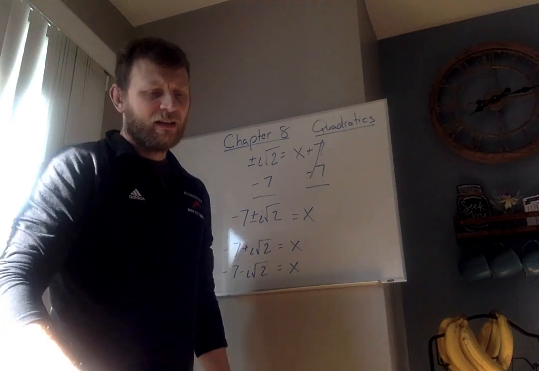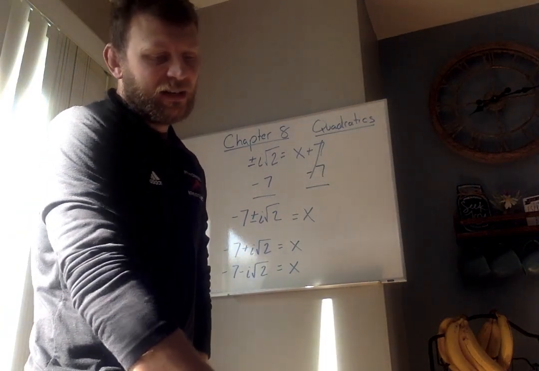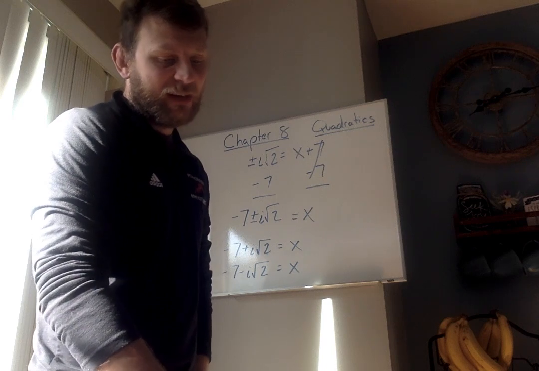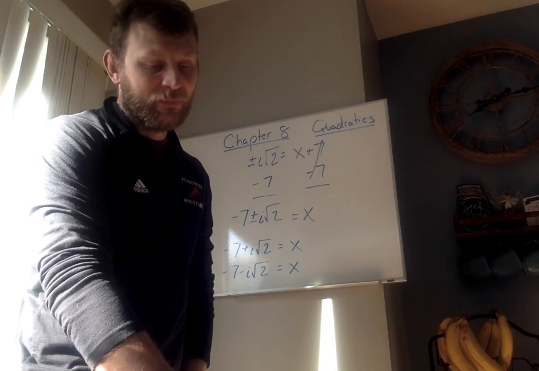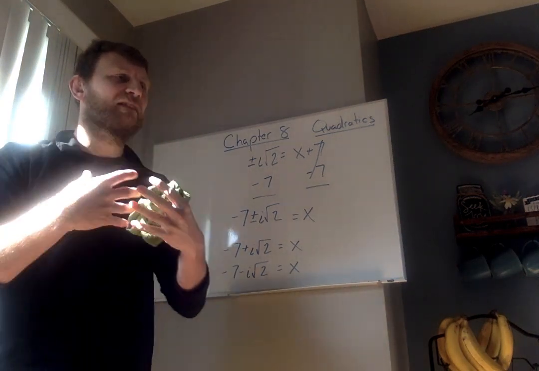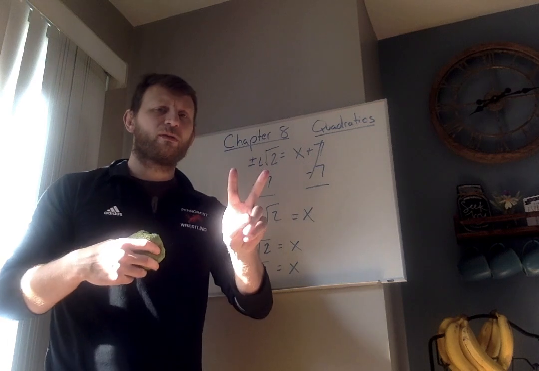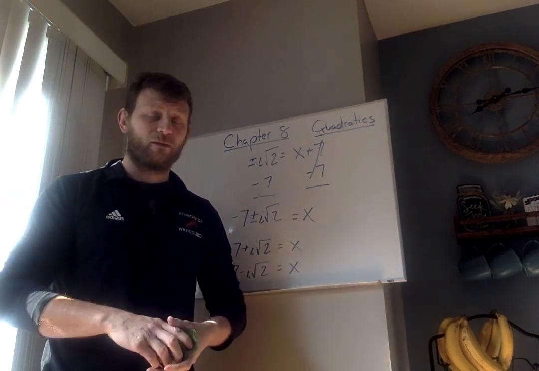Now it says, compare the x-intercepts of a quadratic equation and the types of solutions. Make a statement about their relationship. So if there are x-intercepts, then I have two real answers or real solutions.